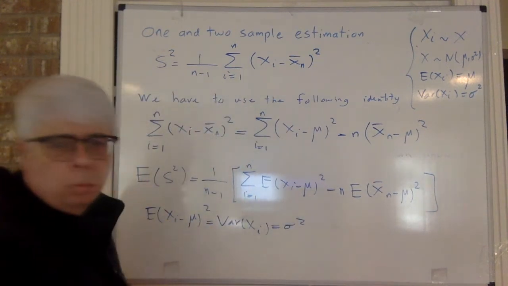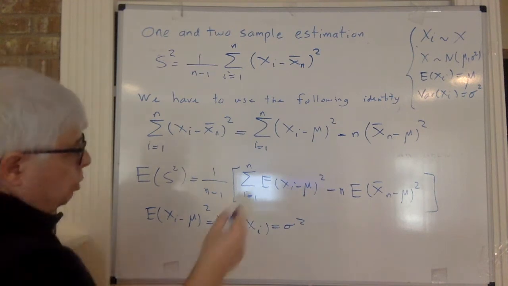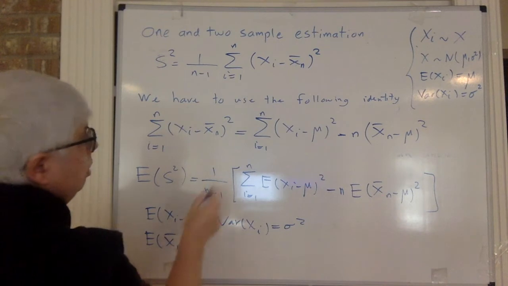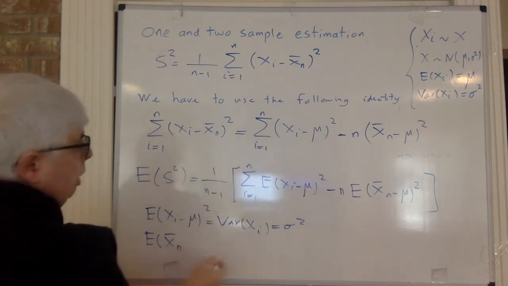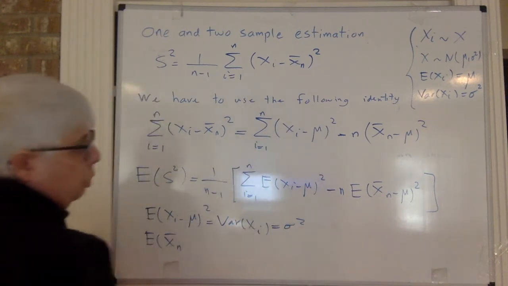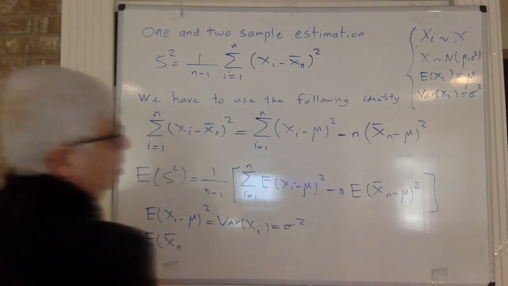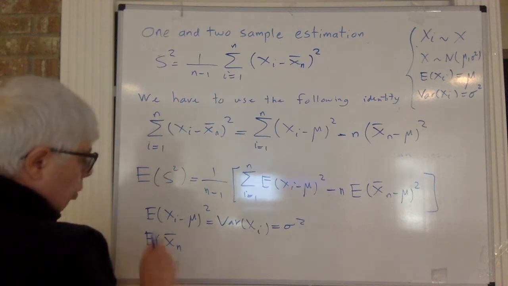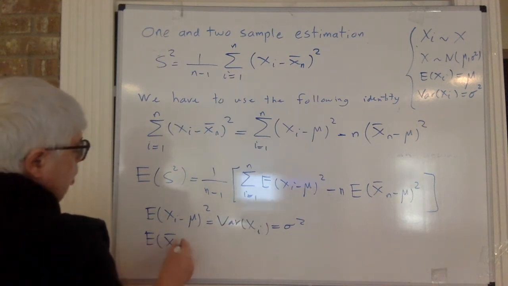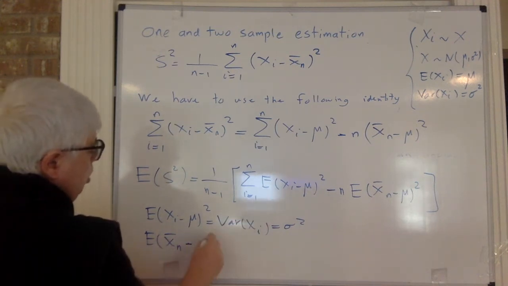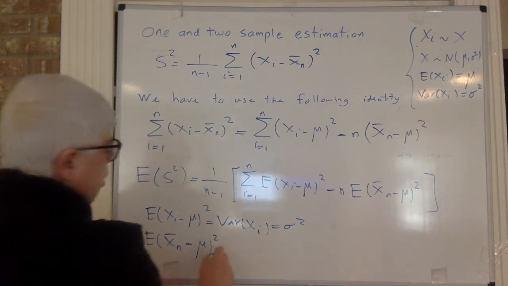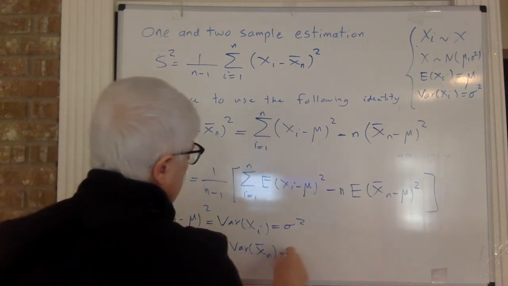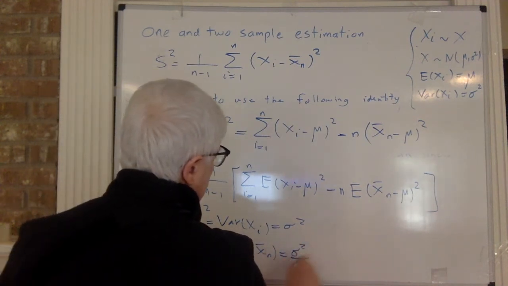And the other one is in fact E of... remember, x bar n has distribution normal with mu as mean and sigma squared over n. Now what if you subtract this from its mean and square it? This is in fact the variance of x bar n. So that's sigma squared over n.